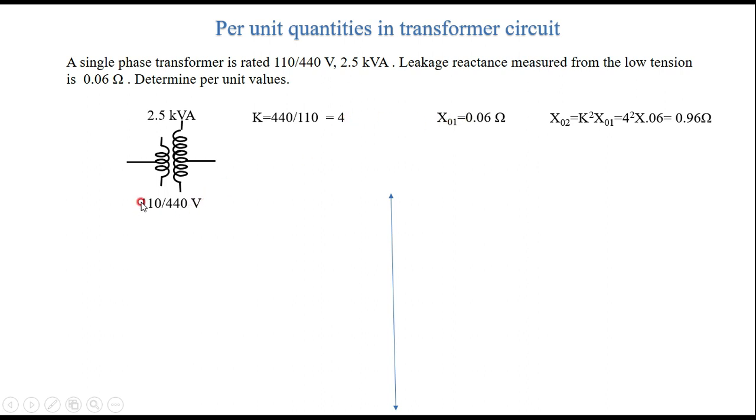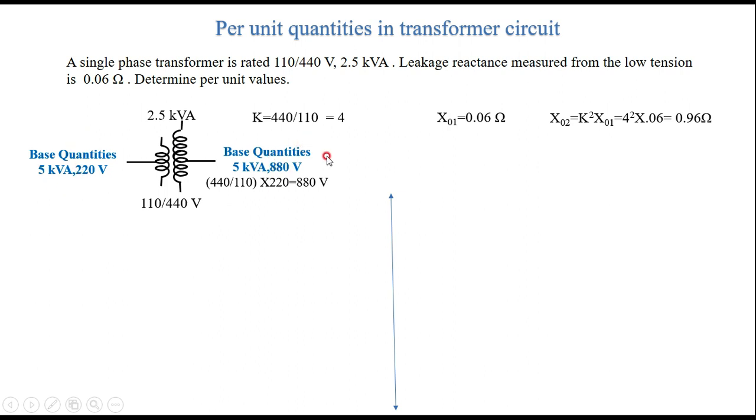Then referred to the primary side or low voltage side, what is given is X01 is 0.06. That is the given quantity. If you want to transfer to the secondary side, you have to multiply K square times X01. Therefore, what I am getting is 0.96 ohm. Now, first I am choosing the base quantity arbitrarily. I am choosing base quantity as 5 kVA and 220 volts in the primary side.